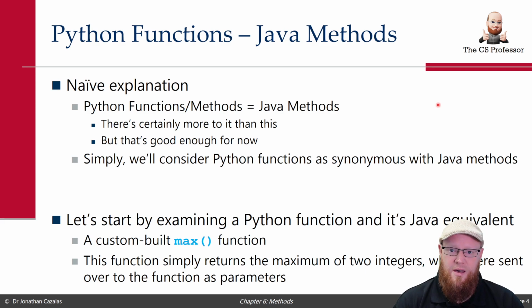Of course, we know in Python we already have a max built in. Even in Java, we have a built-in max math method as well, but we're going to make our own max function. This function receives two parameters, and it simply determines which of those two numbers is maximum, and it returns that maximum value.